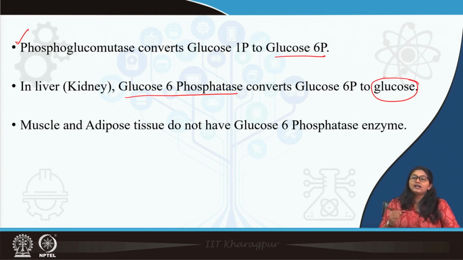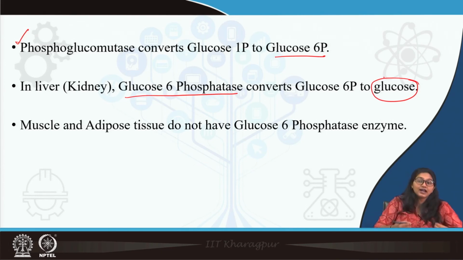So, even if there is glycogen breakdown in muscle and adipose tissue, there is no glucose apart from the free glucose formed by the debranching enzyme. Those glucose 6-phosphates accumulate inside skeletal muscle and adipose tissue, and in skeletal muscle they are reutilized for production of ATP by entering glycolysis and the TCA cycle.